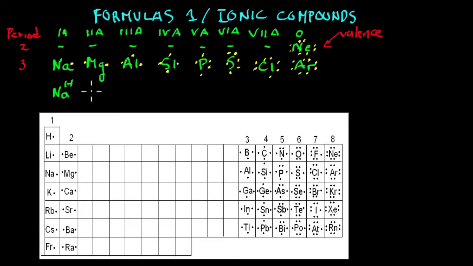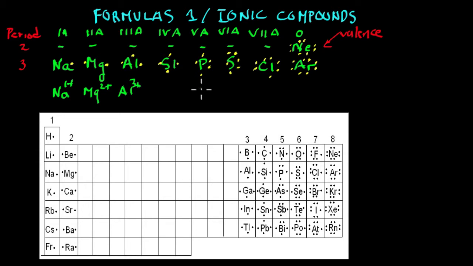Magnesium would tend to lose 2 electrons. Now, if it gained 6, it would look like argon. That's stable also, but it takes the simplest route. Magnesium becomes 2 plus. Aluminum, losing 3 electrons, becomes 3 plus. Silicon does not form ions, so we're going to skip it.